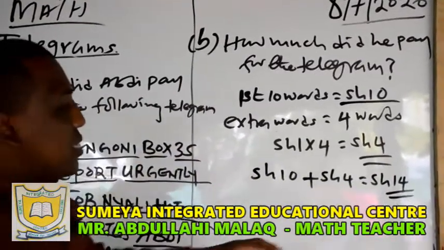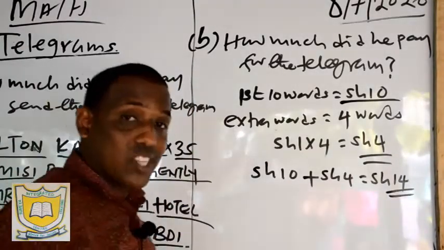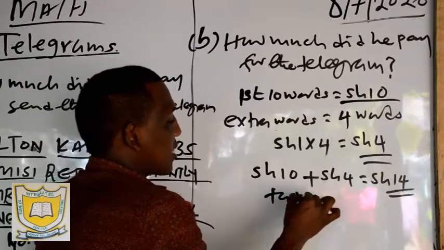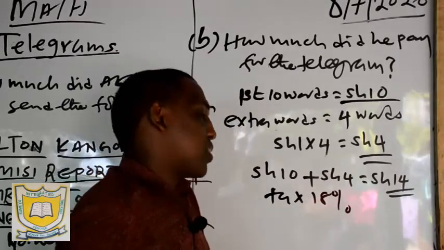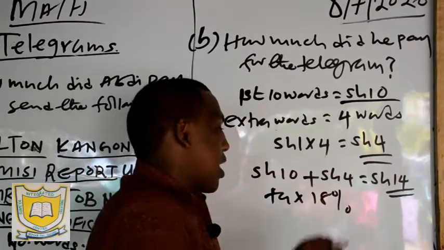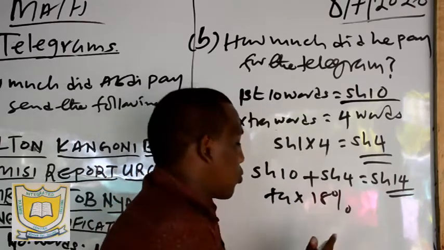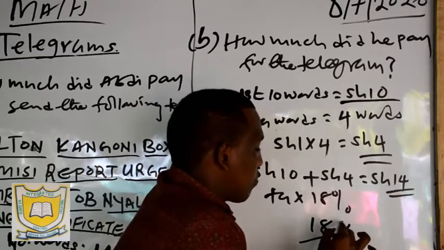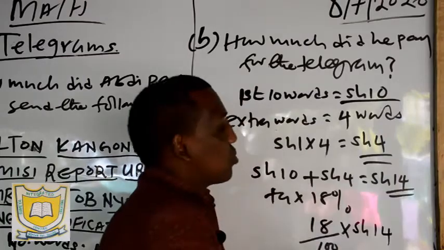Now, then you are charged a tax of 18%. Government tax, ushuru. So there are two ways we can do it. But the simple way, the first thing you do, you say 18 out of 100 times 14, the total amount.